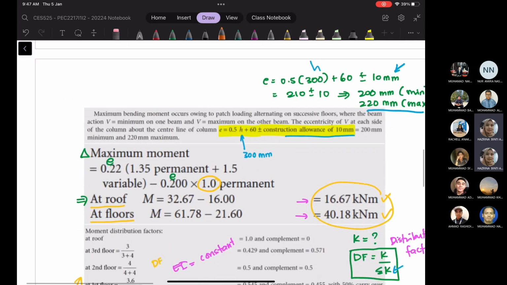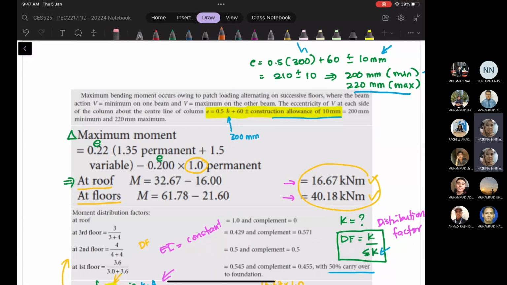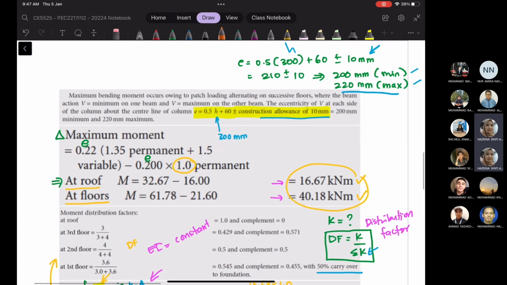Next, we are going to calculate the maximum bending moment that occurs owing to patch loading alternating on successive floors, where the beam action V is minimum on one beam and V maximum on the other beam. When we calculate the moment transfer, we consider maximum and minimum alternately, because we want to get the largest value.